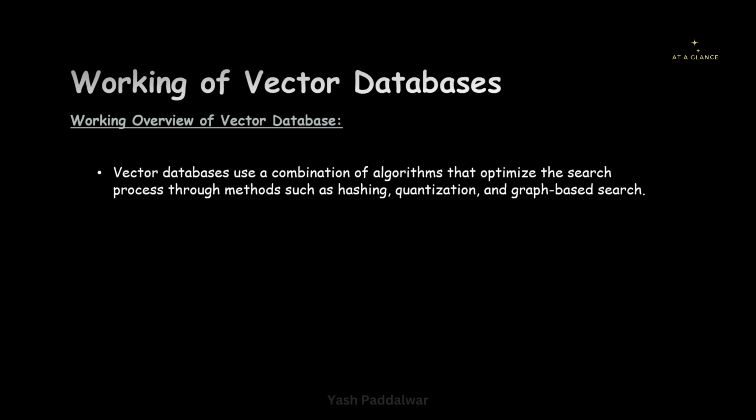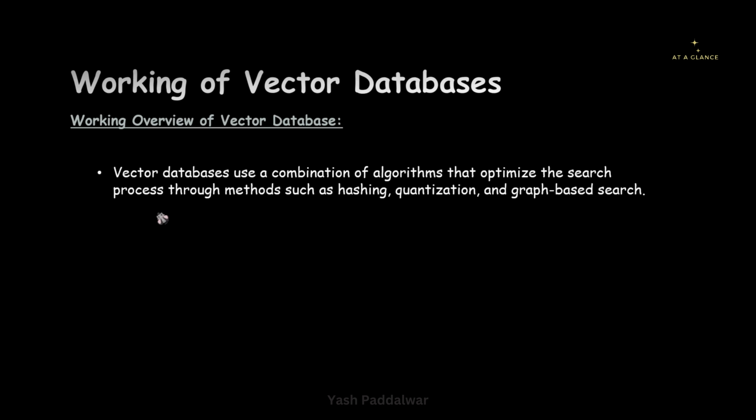To perform the operation of finding the closest match, a lot of computation power is required, and because of that, the time required to perform such an operation will definitely increase. And just to balance that time for retrieving a certain amount of content from the vector database, we have to use all these strategies. That is why vector DBs use this combination of algorithms.